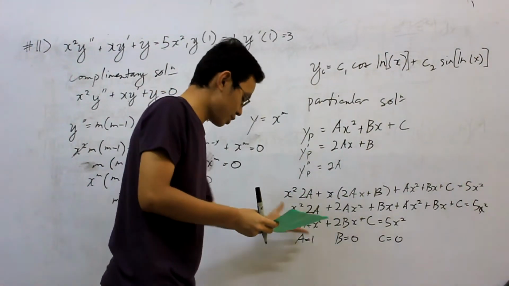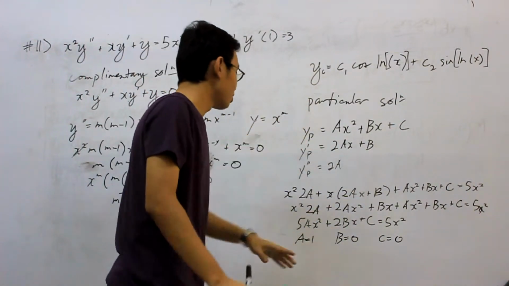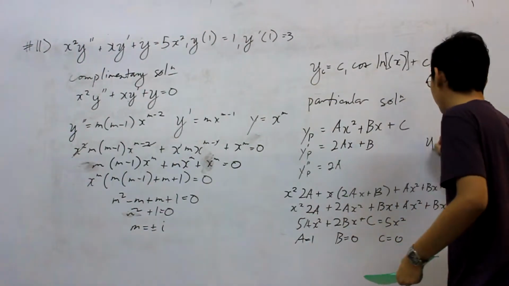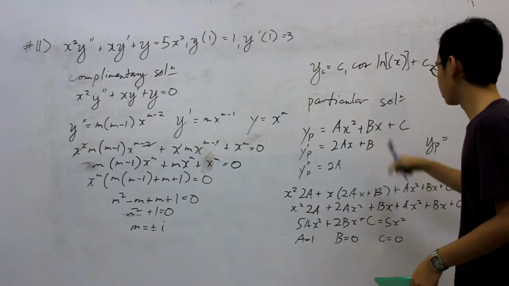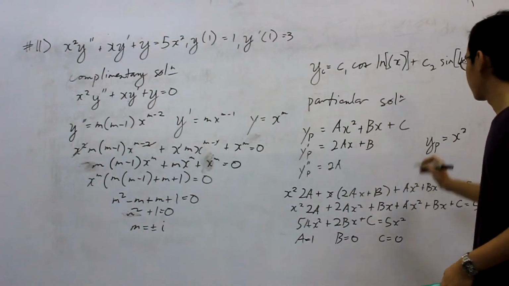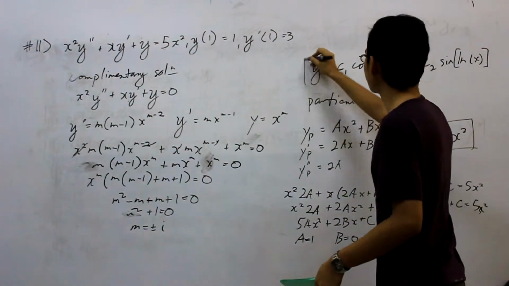Using these values, we can substitute them here. So we now have y sub p equal to x squared.